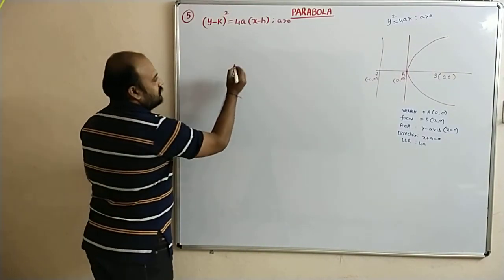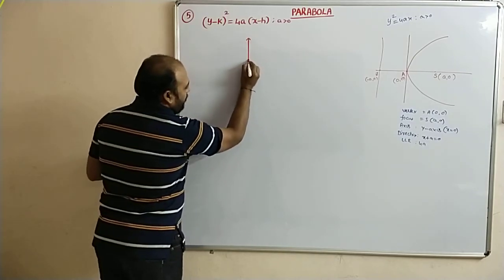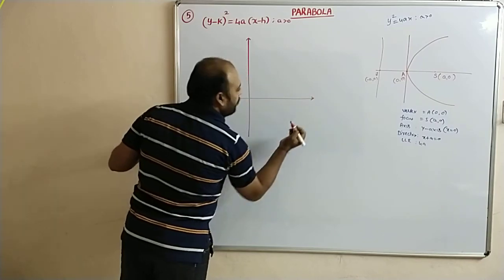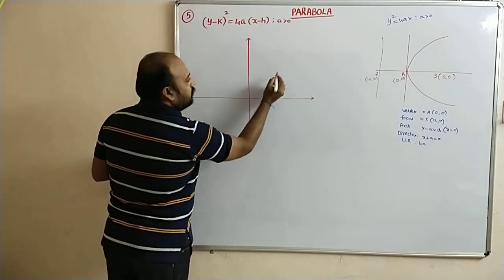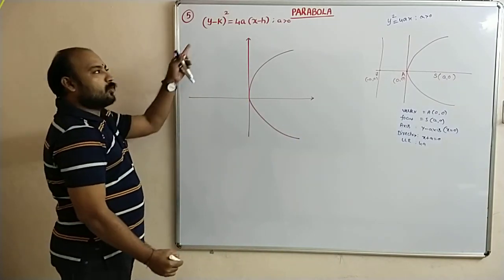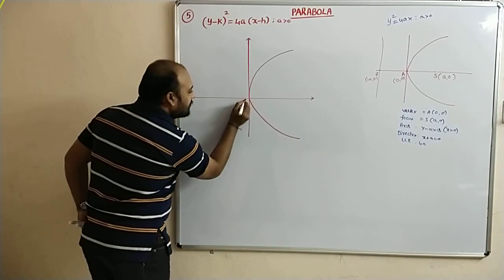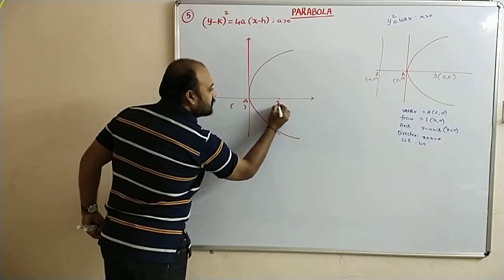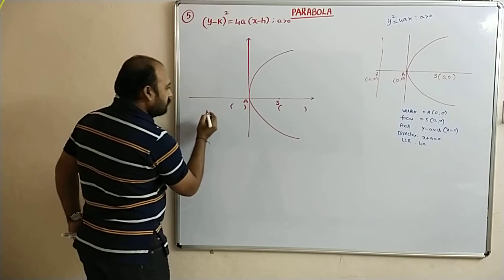In this case, this is the parabola whose vertex is h comma k and focus I am going to discuss now.